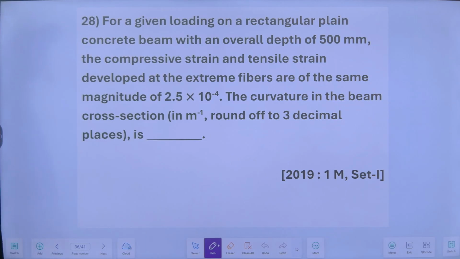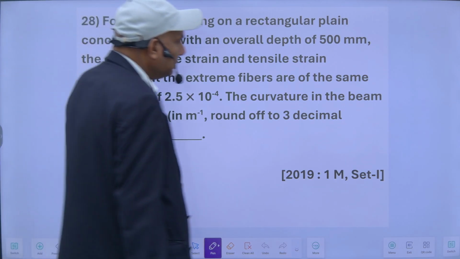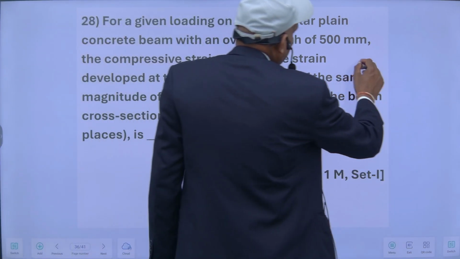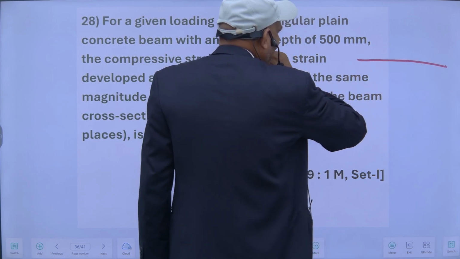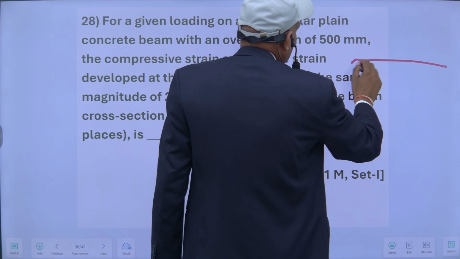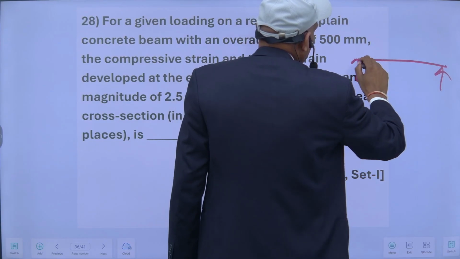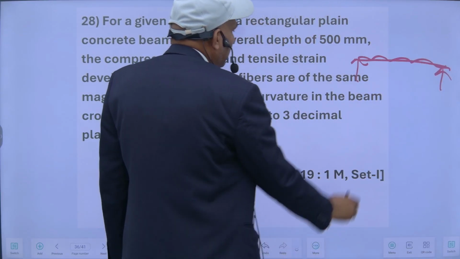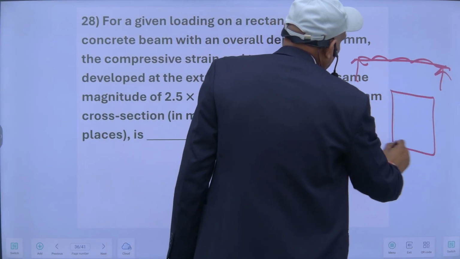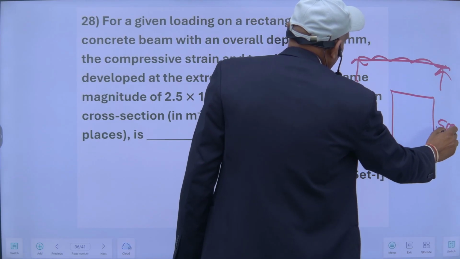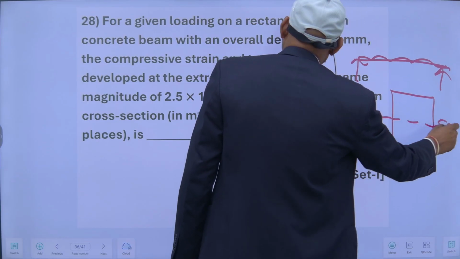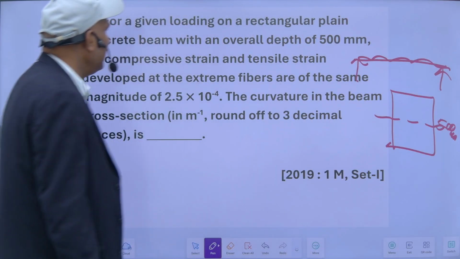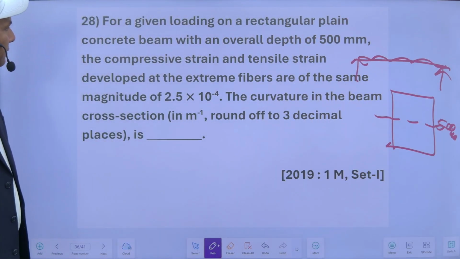Suppose this is a beam. It may be like this. So the overall depth is 500 mm, for a rectangular plain concrete beam with overall depth of 500.